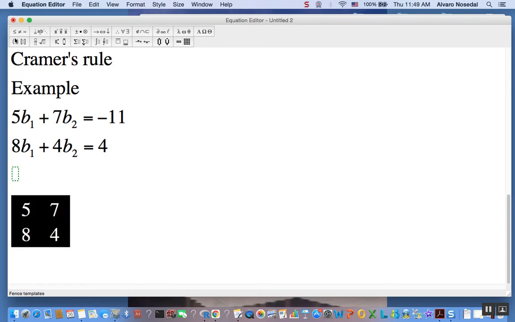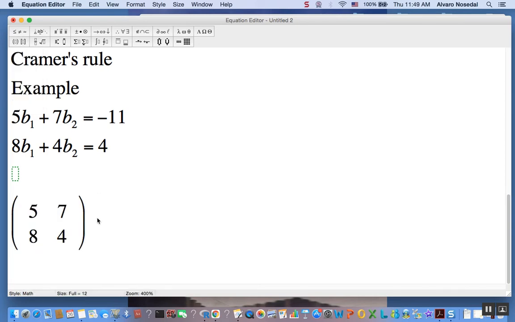Since we now have very fresh in our mind how the multiplication of matrices works, if we want to have something equivalent to what we had above, this is going to work.